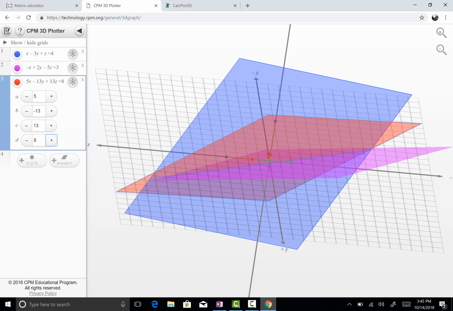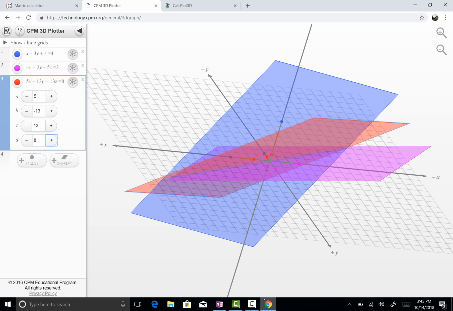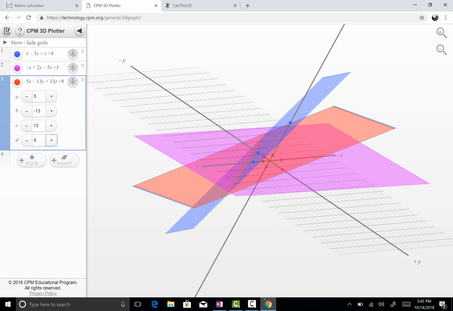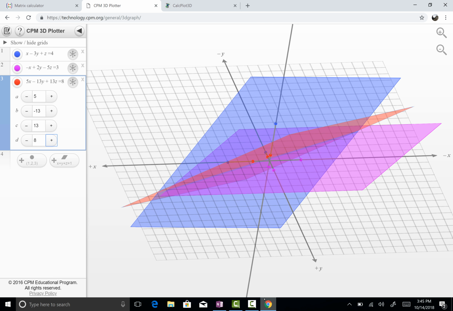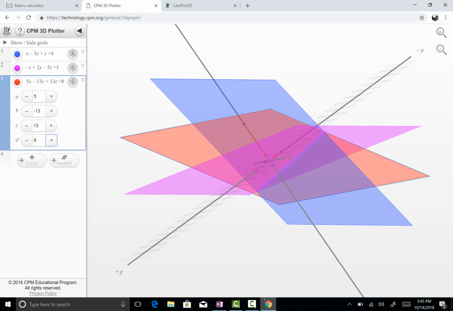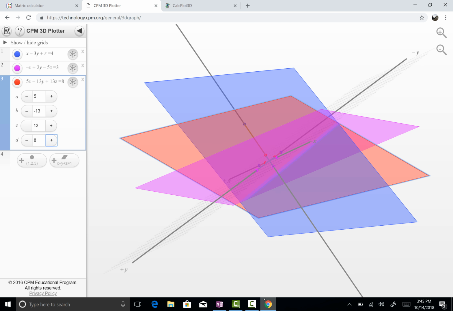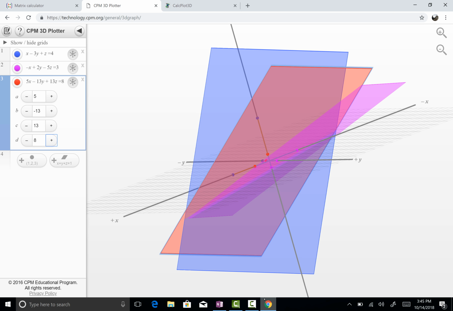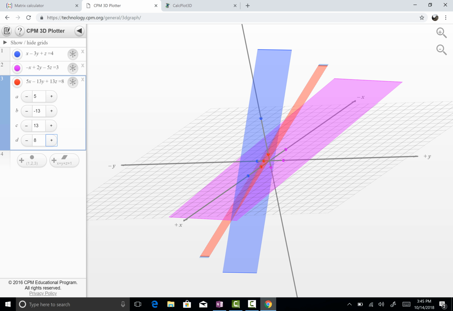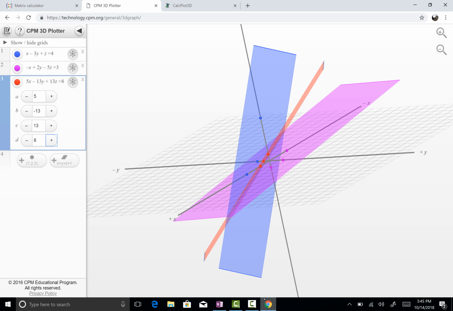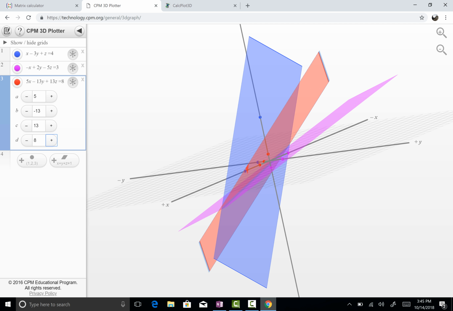If we work this out, this one should have no solution. And it's hard to see it with the graph on this. Right, but if we did elimination on here, you would find out that it doesn't work. Okay, there just is no solution to these.